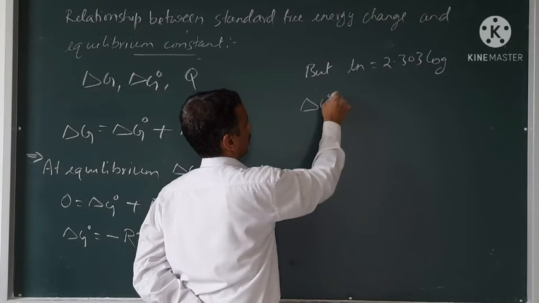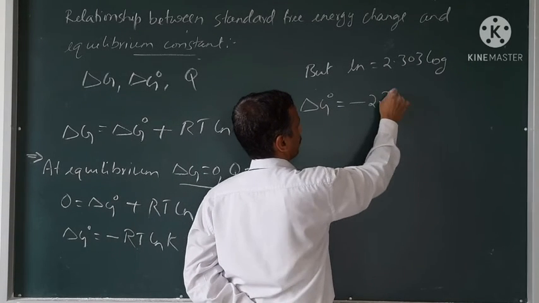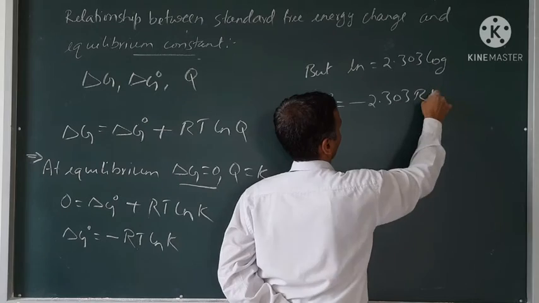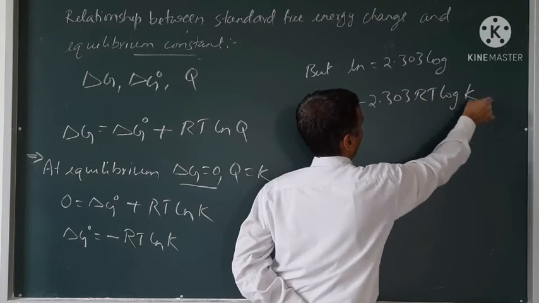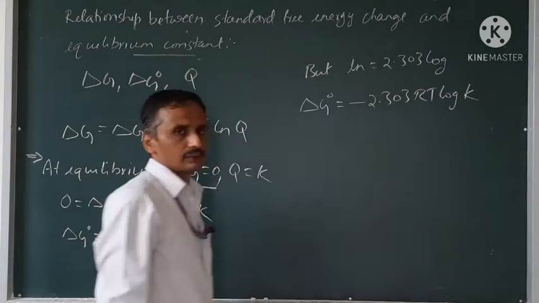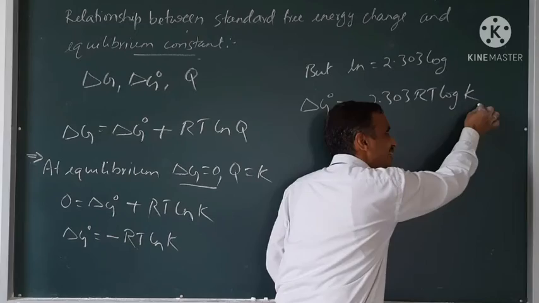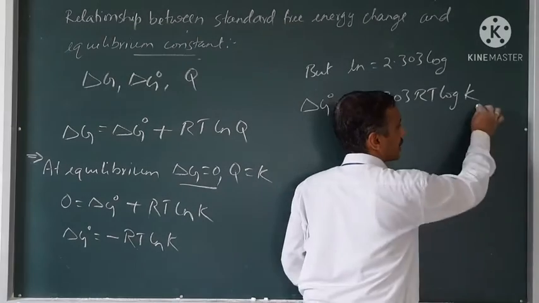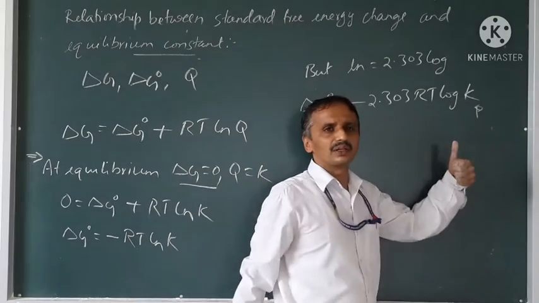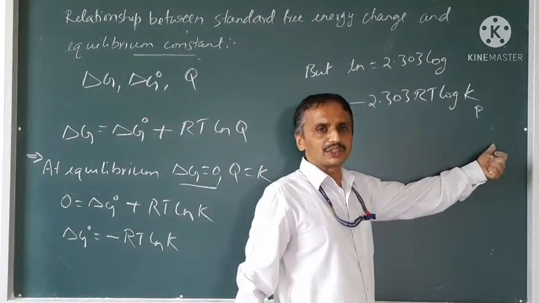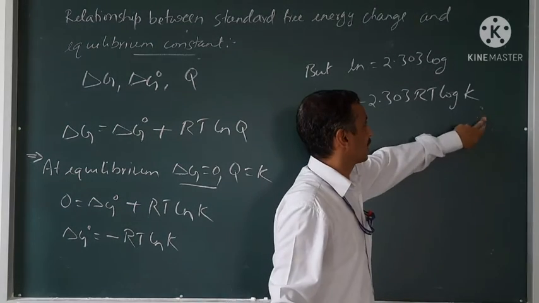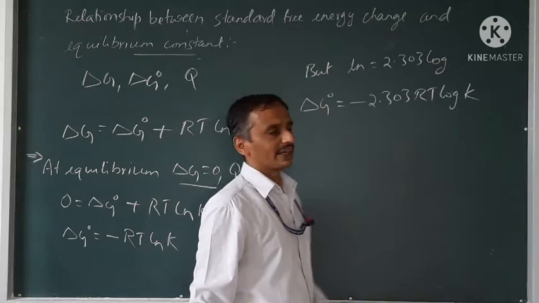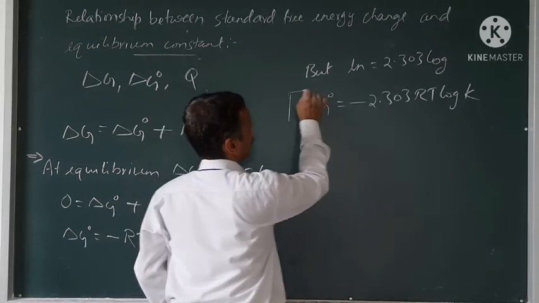Substituting, delta G naught is equal to minus 2.303 RT log K. I can write this as Kc also, or as Kp. If the equilibrium constant is in partial pressure, I write Kp, and if in concentration, I write Kc. So this is the formula.